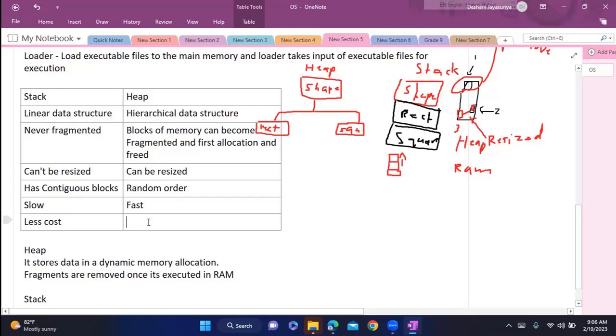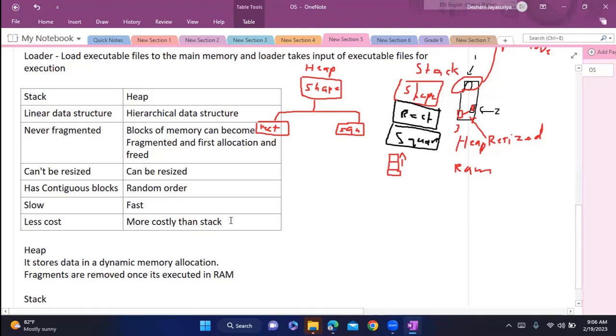Less cost here, and this is more costly than stack. So they will be asking questions based on these ones.